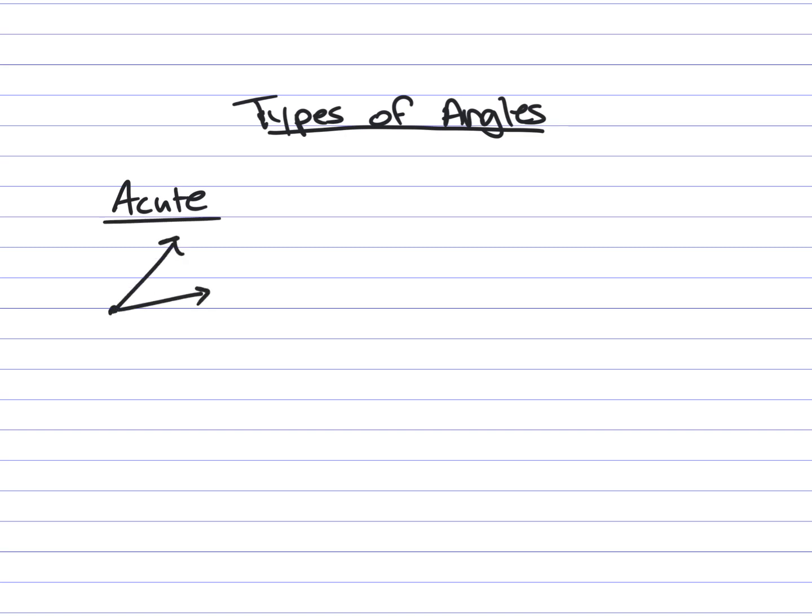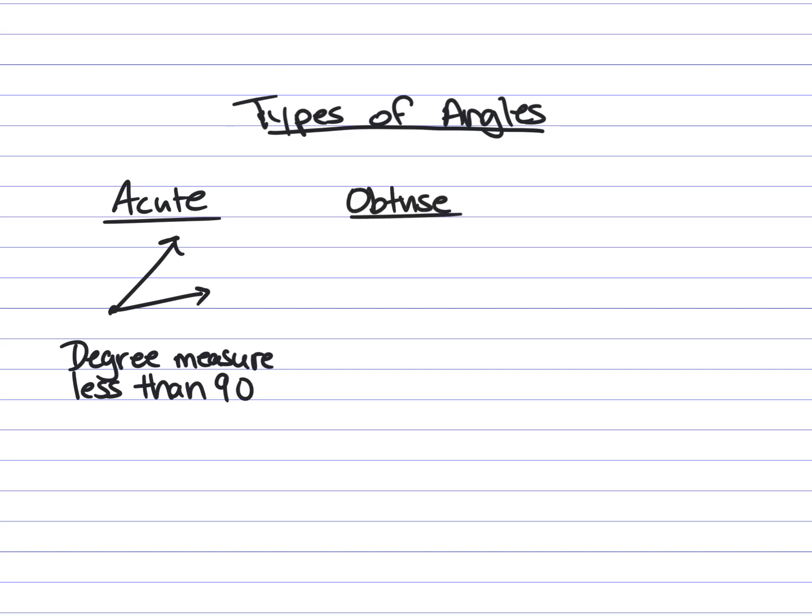And acute angles have a degree measure less than 90. And then there are obtuse angles. And obtuse angles have a degree measure greater than 90.